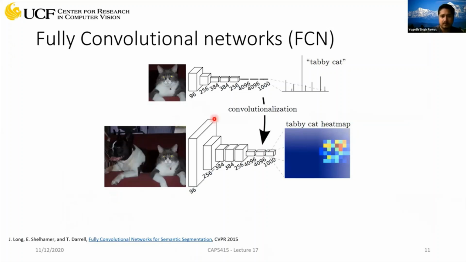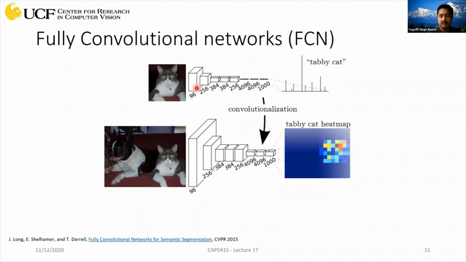So before we begin, just a quick recap, and I think we have covered this in one of the lectures on convolutional neural networks. In a standard CNN where you are performing a classification task, you have an input image, and then you have several convolution layers.